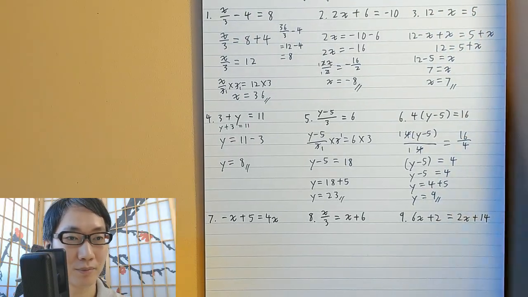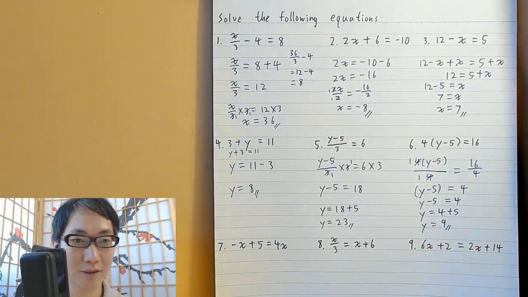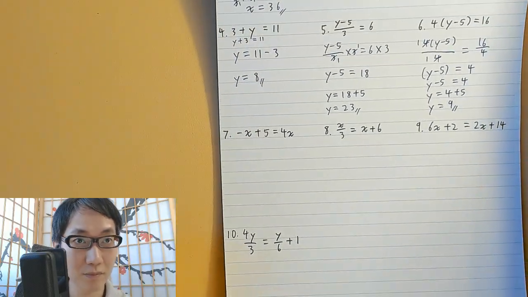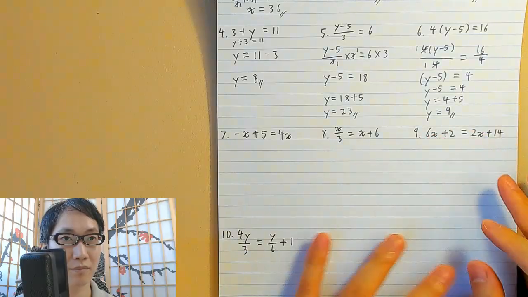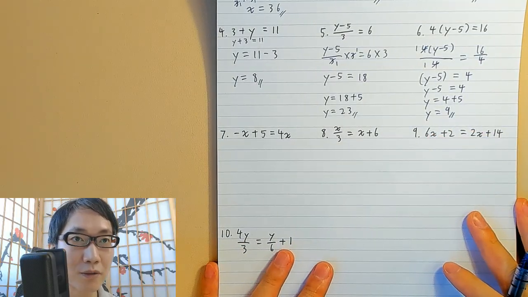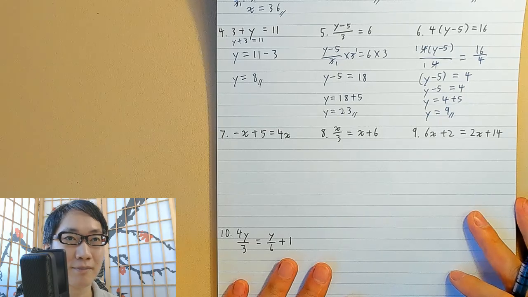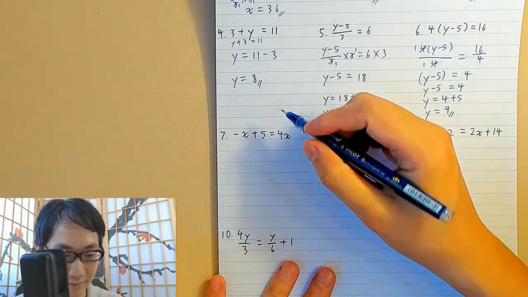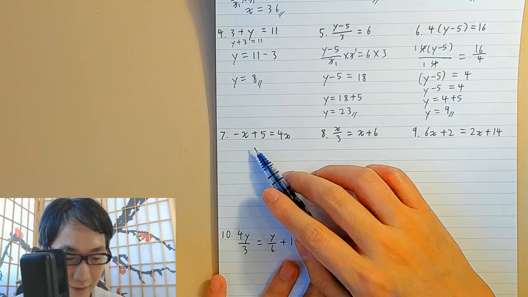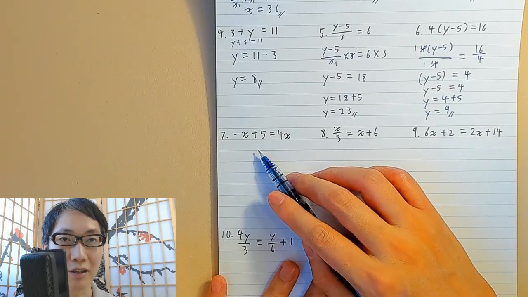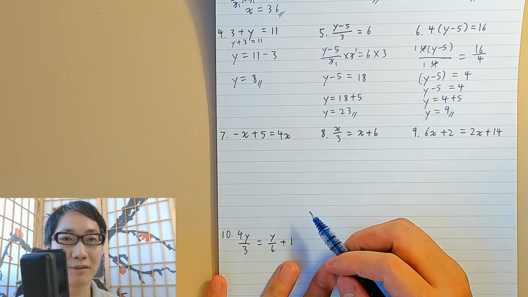So number 7. So minus x plus 5 is equal to 4x. Okay. So we try to put x on the left hand side, but both sides have x.